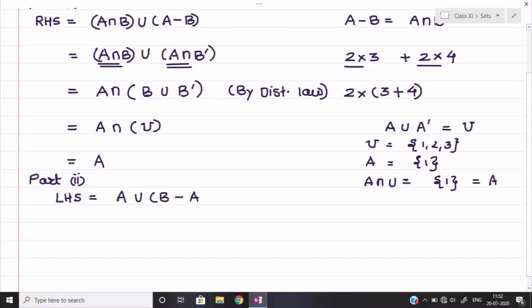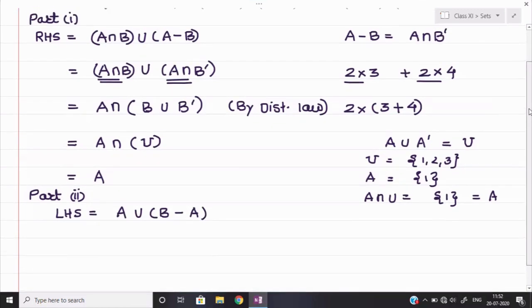As you can see, I utilized the formula earlier: A minus B is equal to A intersection B dash. In the same way, if I wish to write the value of B minus A, I can write B intersection A dash. The second set will come with a dash symbol. That you remember.